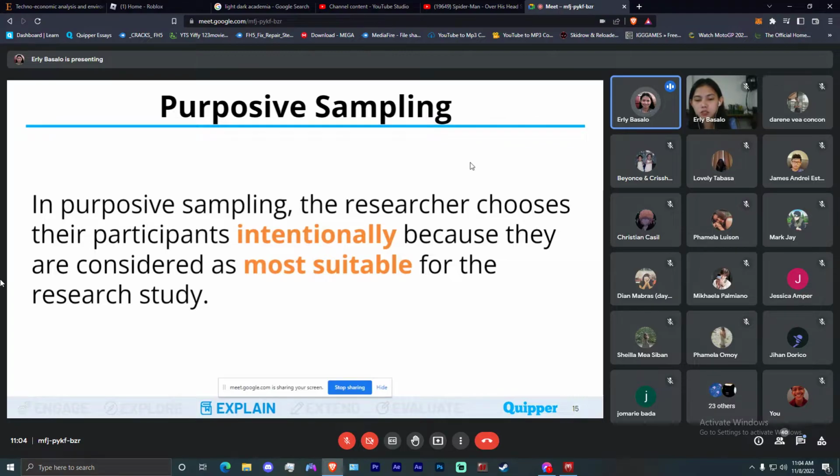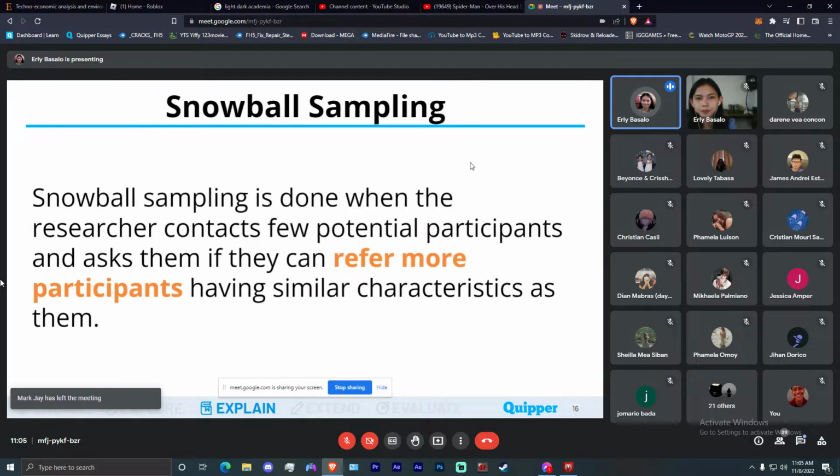For example, if your study is inside the school, the most suitable research participants in your study are the students. So you just pick and choose them intentionally, whoever is suitable.